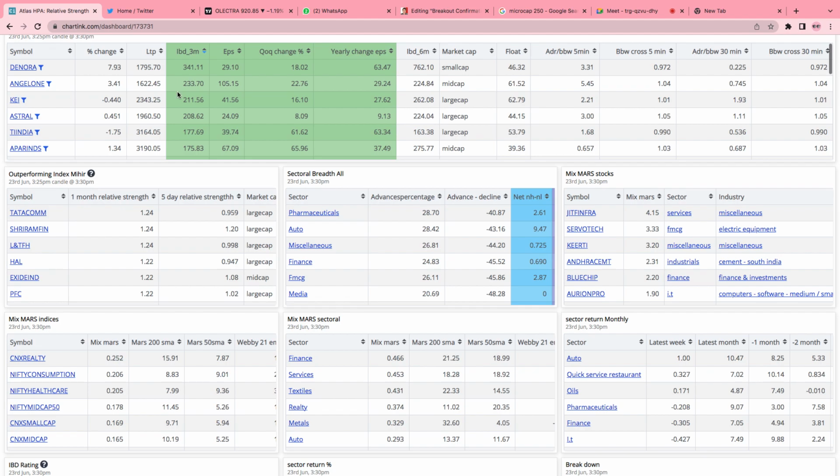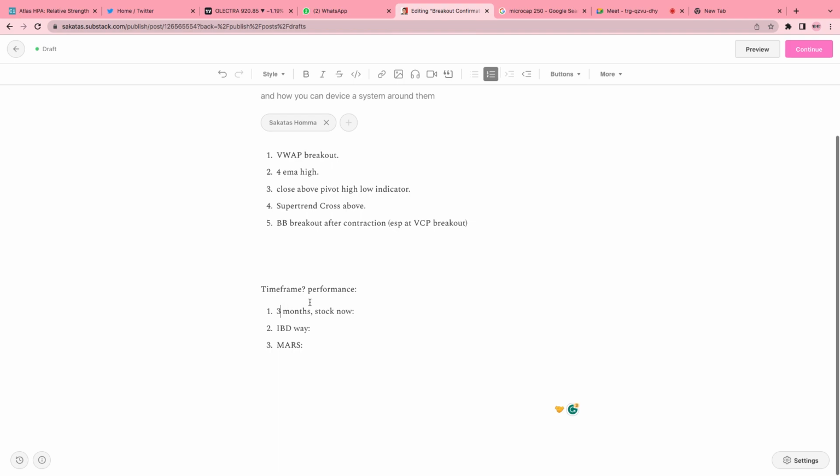Okay, so this is the IBD way. Again, it's nothing different, but it has a different weightage, and it takes not just 3 months or 1 month, it takes a couple more than one time frame. Remember time frame.